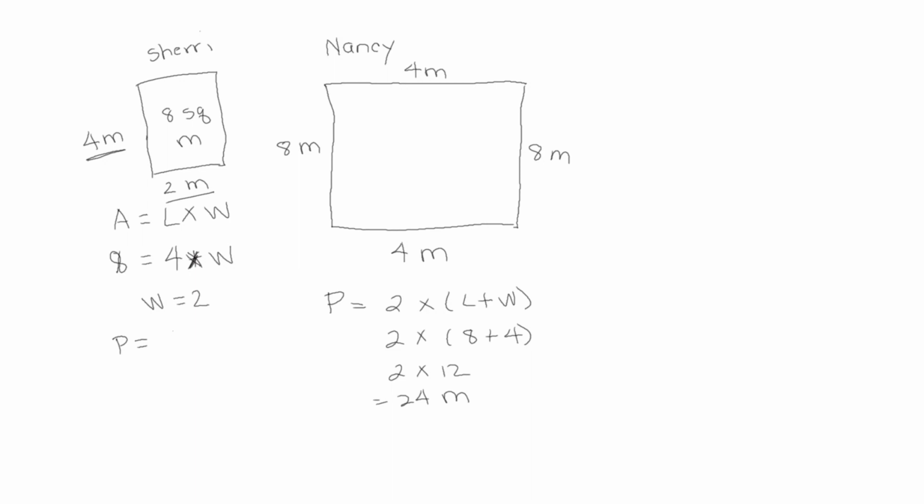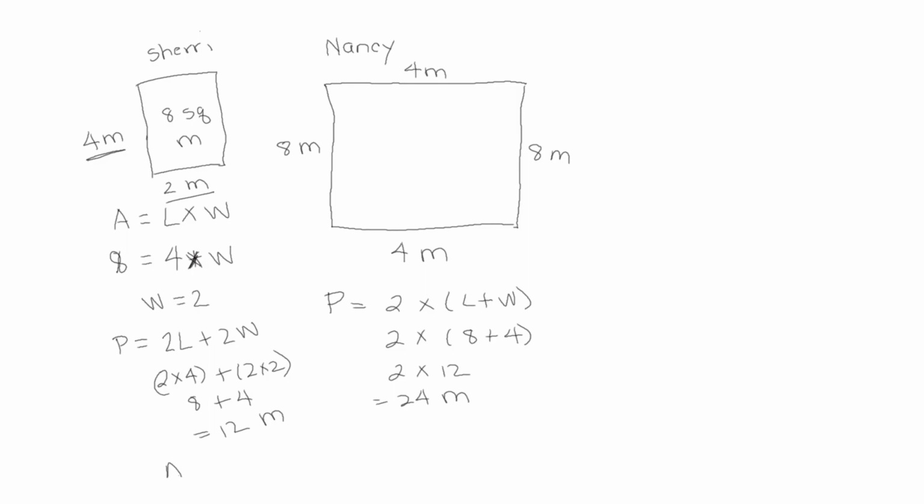Let's use yet another one of our formulas, 2L plus 2W. So 2 times the length, 2 times 4, plus 2 times the width, 2 times 2, gives us 8 plus 4. So the perimeter of Sherry's garden is 12 meters.